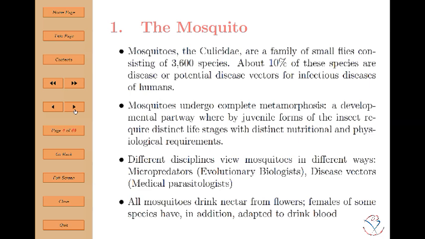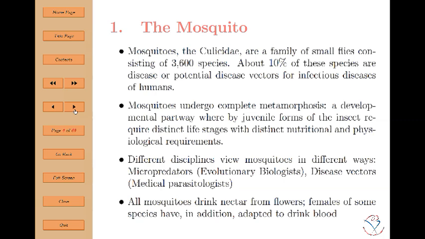The other thing that we know about mosquitoes is that they undergo complete metamorphosis, and that is they have two distinct life forms, which occupy different niche and ecological environments. And different people see mosquitoes in different ways. For example, evolutionary biologists will see mosquitoes as micropredators, while parasitologists will see mosquitoes as disease vectors.